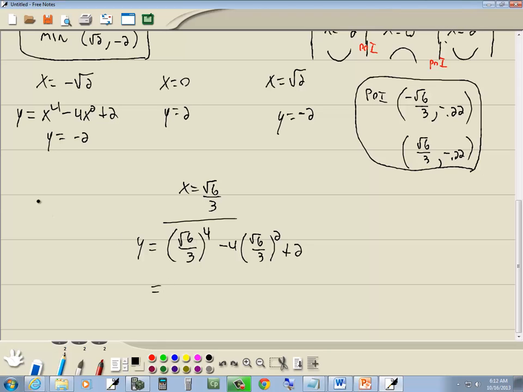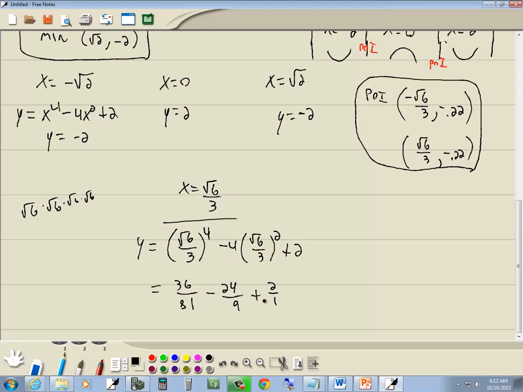Now, √6 times √6 times √6 times √6. Well, √6 times √6 is 6, and this gives you 6. 6 times 6 is 36. 3 to the 4th is 81, minus √6 squared is 6, times 4 is 24. 3 squared is 9, plus 2.